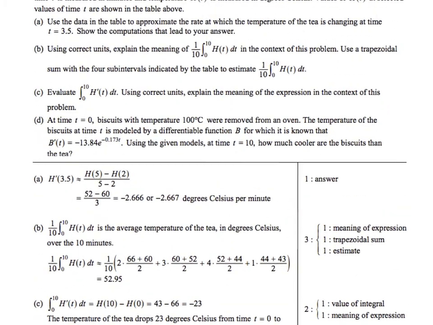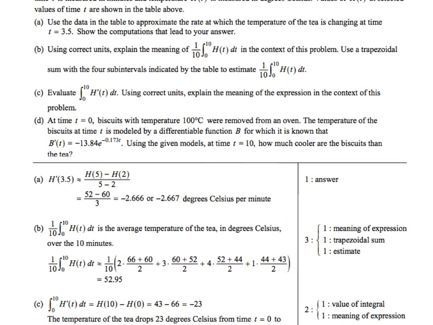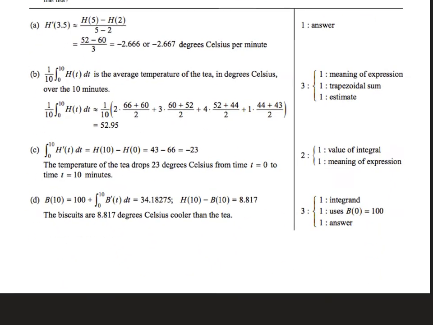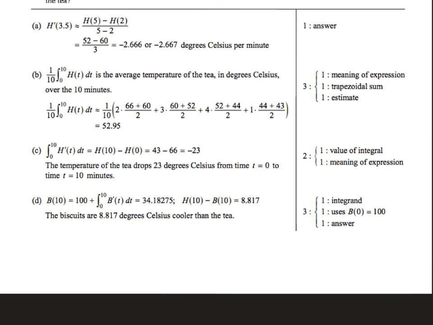So in the problem, they're giving you an equation B prime of t, which involves e, and we want to know the temperature for those biscuits. So therefore we need to take an integral from 0 to 10. So we're finding the change in the temperature there.